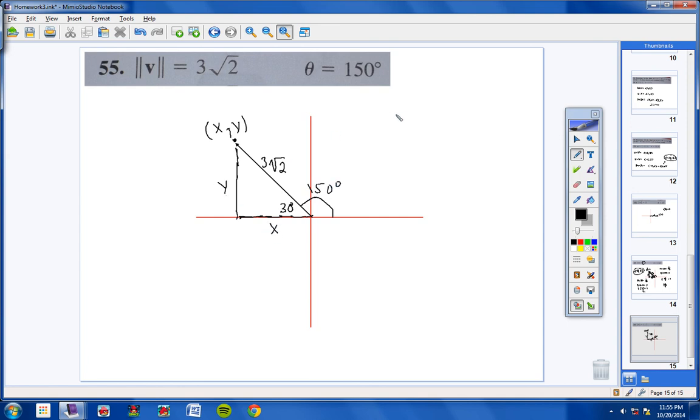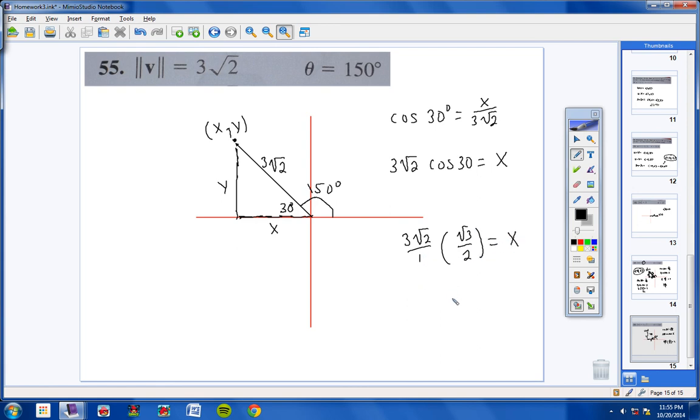So here we go. Cosine of 30 equals adjacent over hypotenuse. Multiply both sides by 3 square root of 2. So 3 square root of 2 cosine of 30 equals x. And of course cosine of 30 is square root of 3 over 2, so we have 3 square root of 2 over 1 times square root of 3 over 2 equals x.